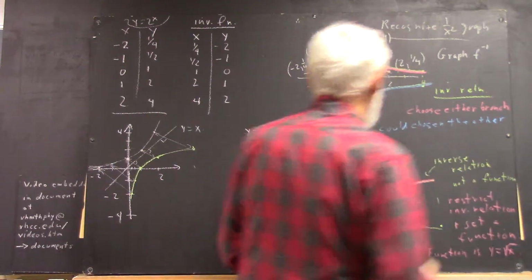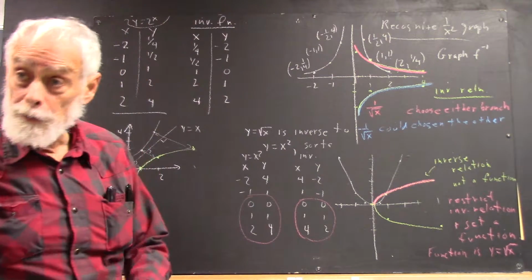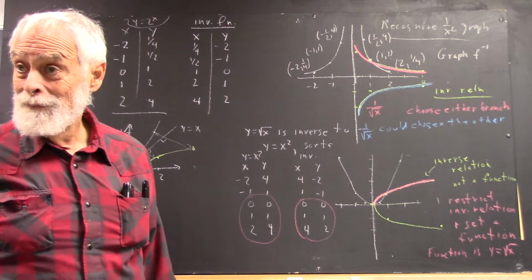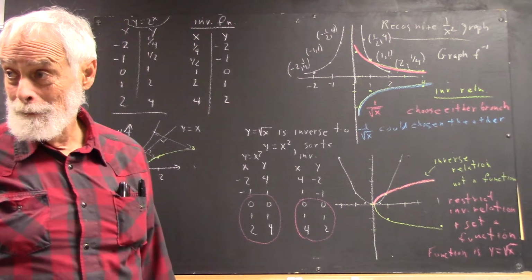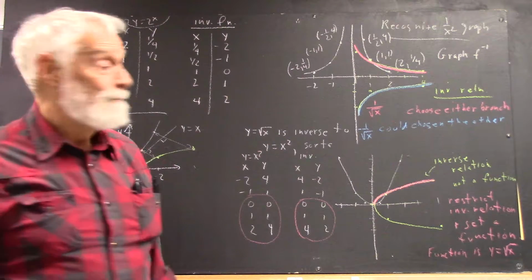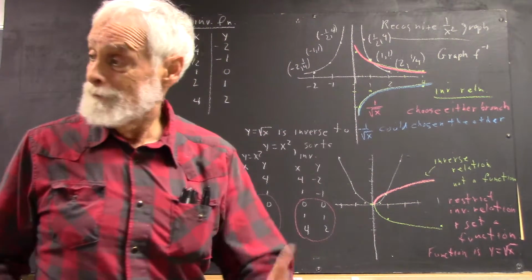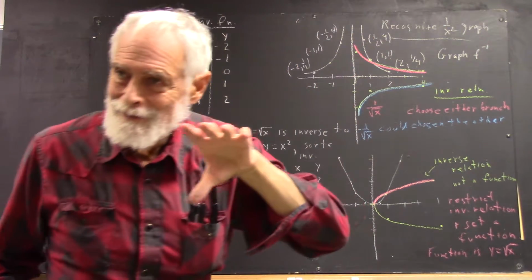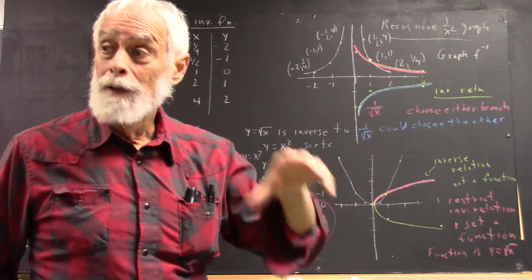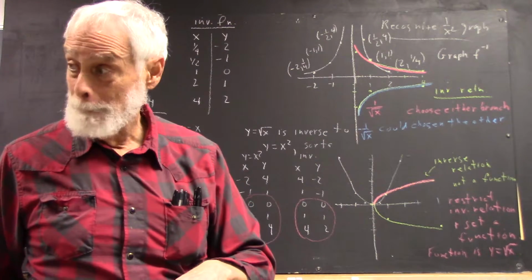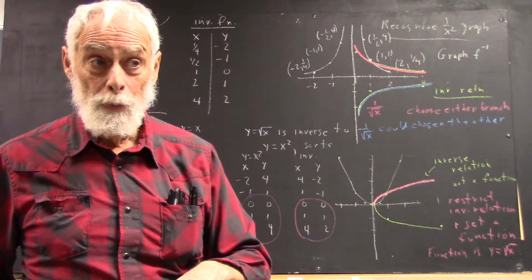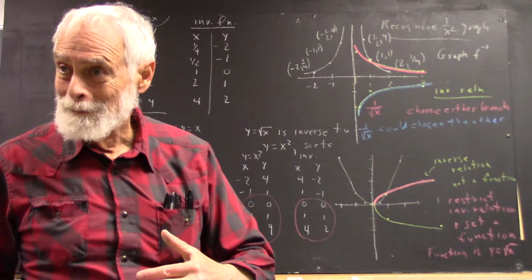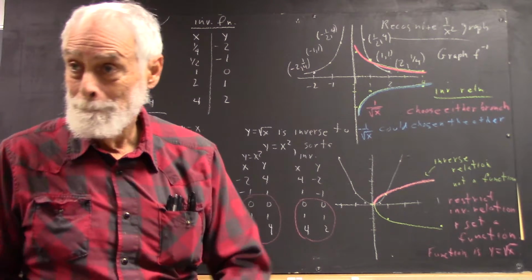But when we get to dealing with the algebra of inverse functions, okay, you're going to see why that's important and relevant. And you'll have this picture to use to understand the algebra, okay? So you won't have to start from ground zero, okay?